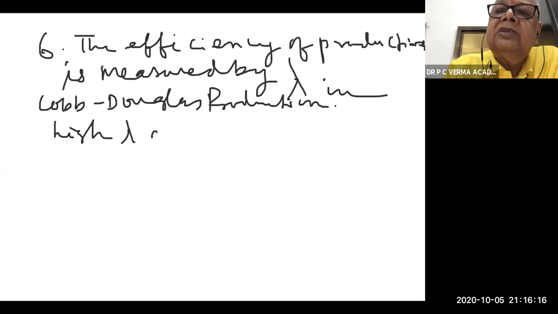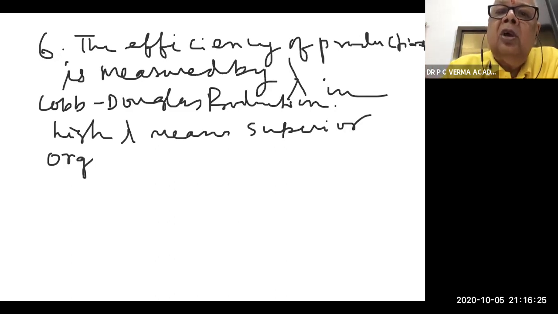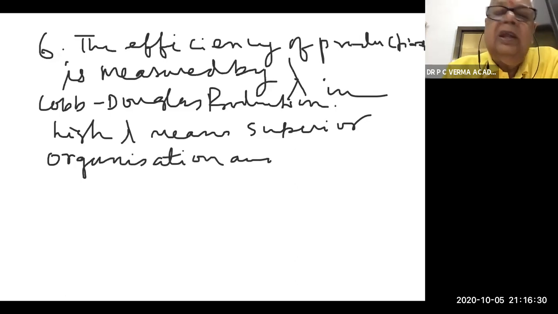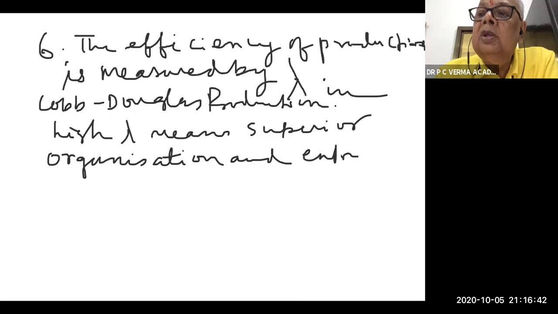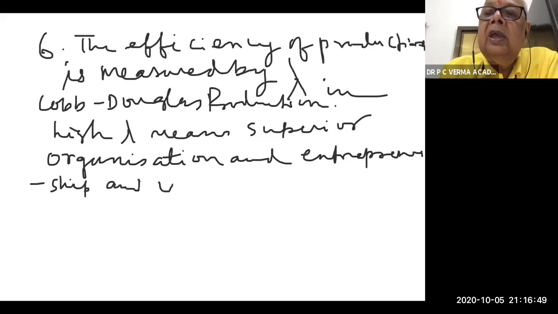High lambda means superior organization and entrepreneurship, and vice versa.